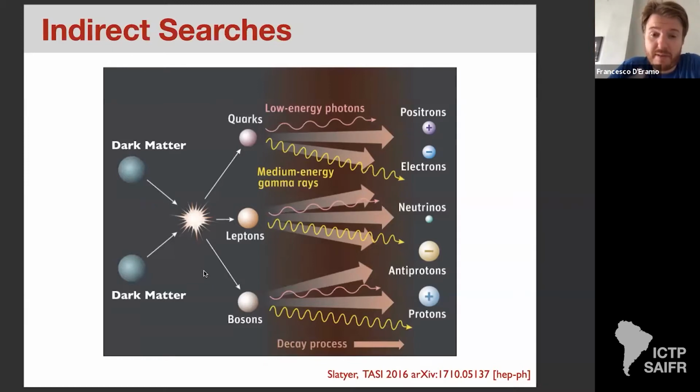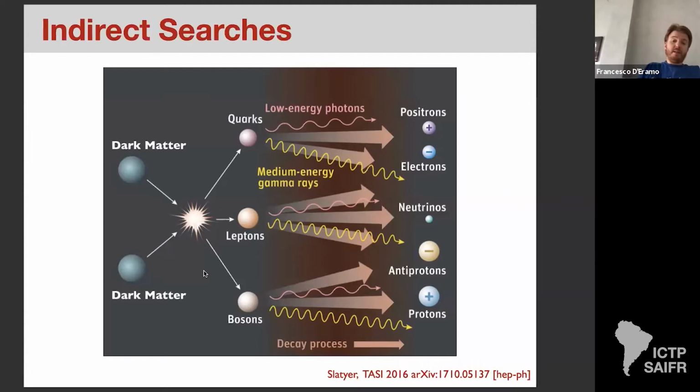And then you have this decay chain, and you have this hadronization process for quarks and so on. What you get in the instruments on the Earth and also on satellites are stable standard model particles. So positrons, electrons, neutrinos, protons, antiprotons, and gamma rays.